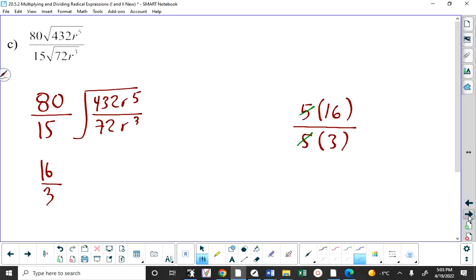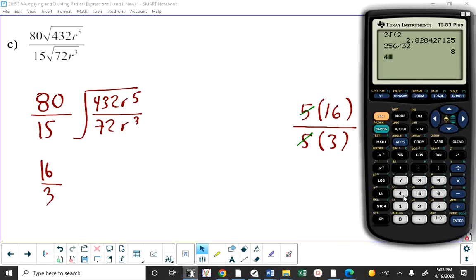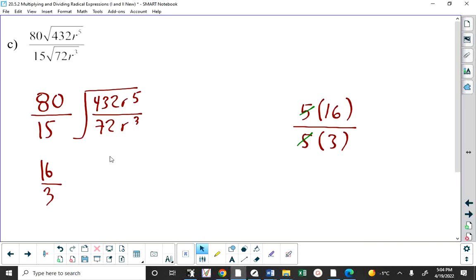432 over 72. I'm not so sure that that divides without decimal, but we're going to find out. It does. 6. So we're left with a 6 under the radical. And then also r to the 5 divided by r cubed is r squared.